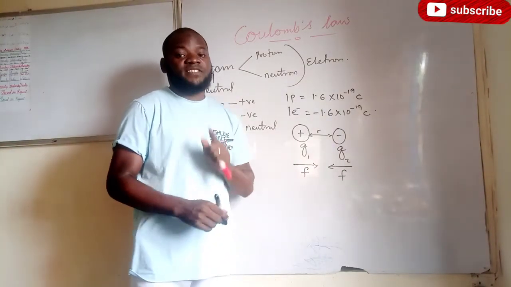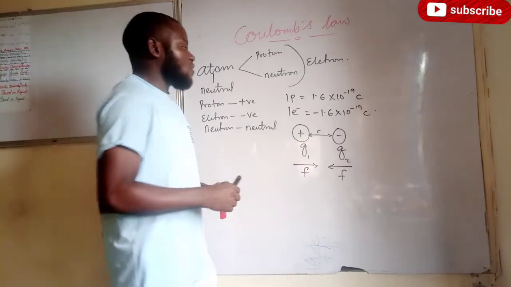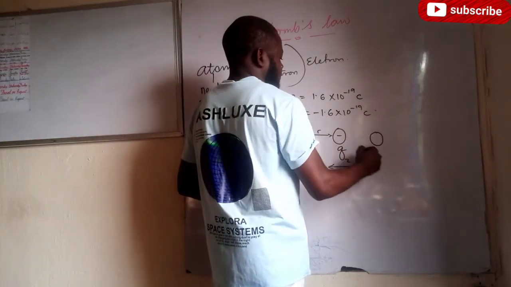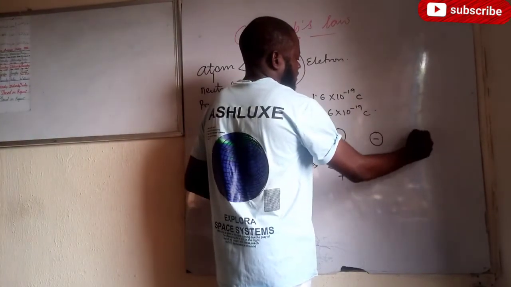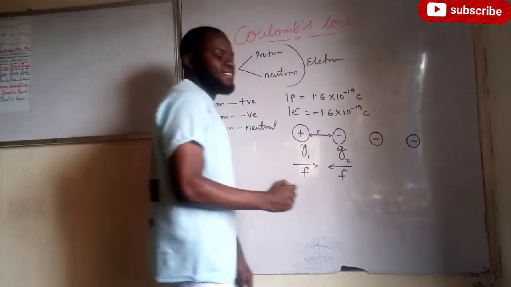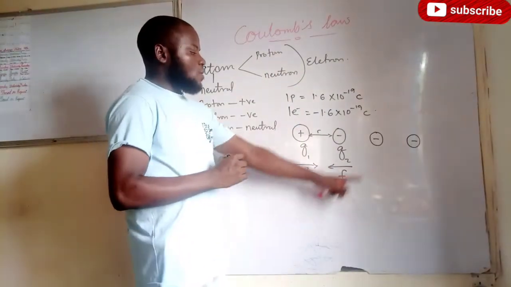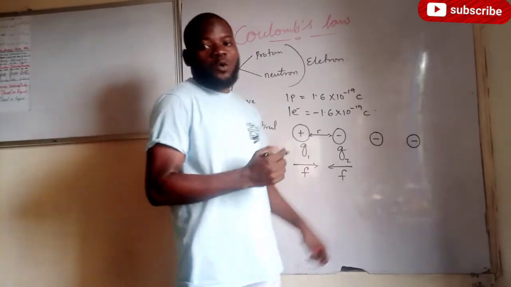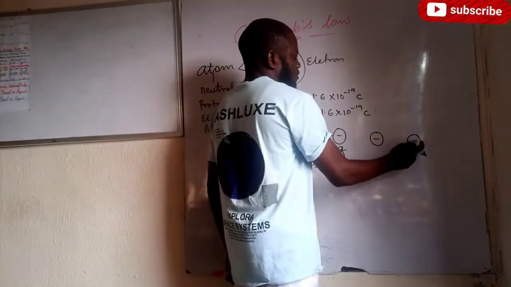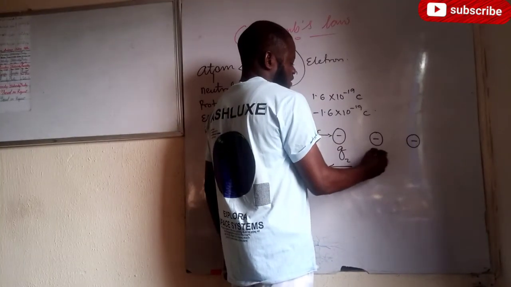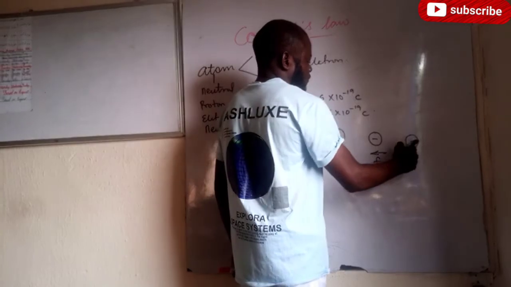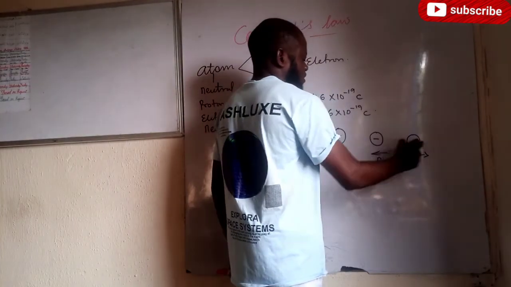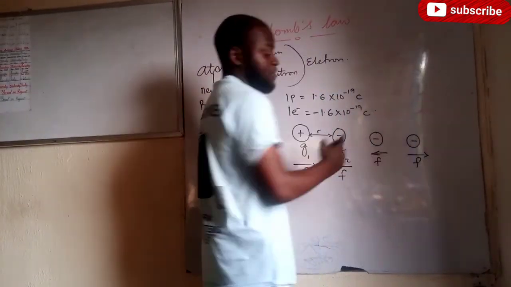Let's pause before we state Coulomb's law. Let's quickly consider if I have a body of negative charge and this one is also negative charge. Because they are of the same charge, this one would experience a force of repulsion from this, while this one will also experience a force of repulsion from this.